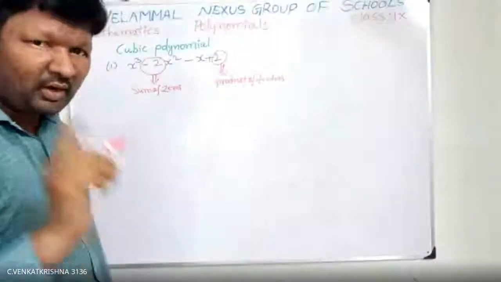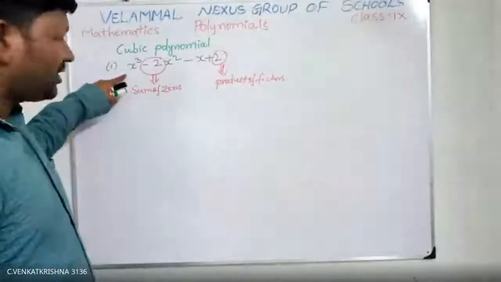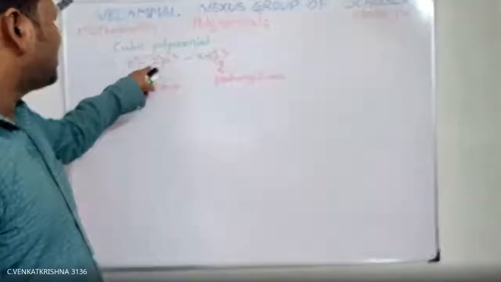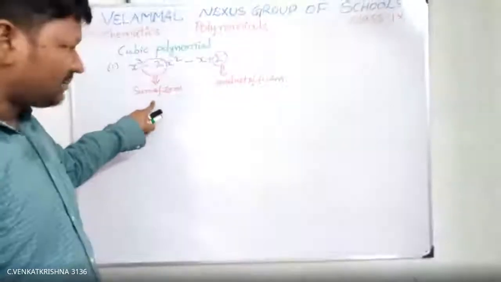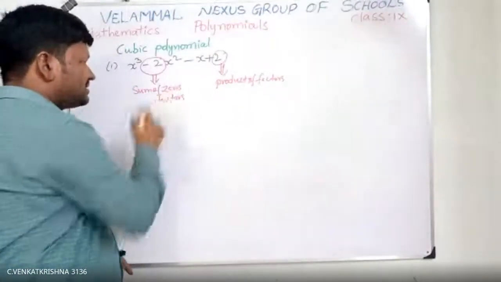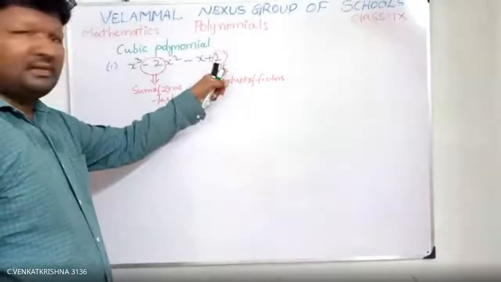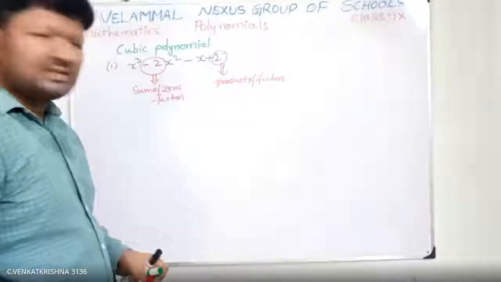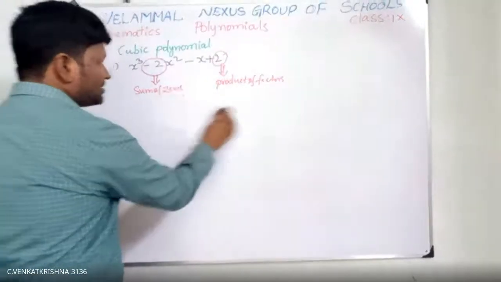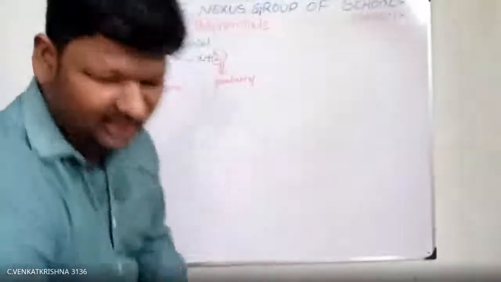Clear? Only 2 points more. If the x cubed coefficient is 1, then the x squared coefficient is the sum of zeros, that is the sum of factors, and here the constant is the product of factors or product of zeros. So here zeros we can call factors. So we can write the product of zeros like this.